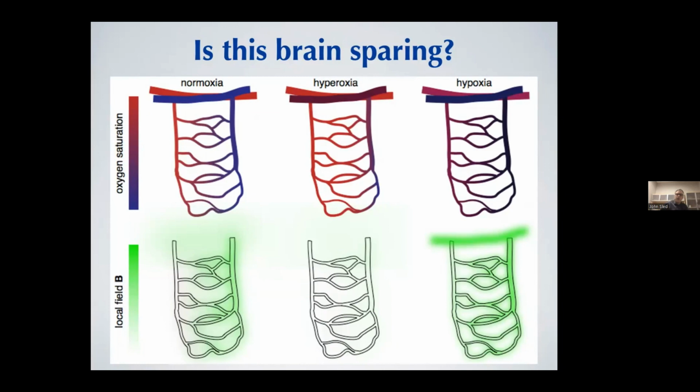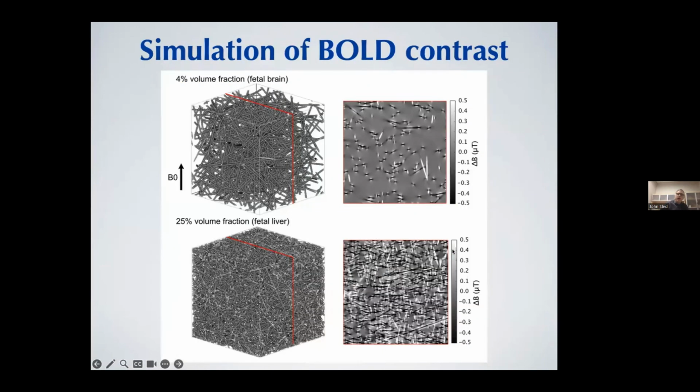And so of course, the different organs have different vascular beds and different vascular densities. And so we went on to ask, could we model some of that in order to make our estimates more precise? So here's some simulation data.